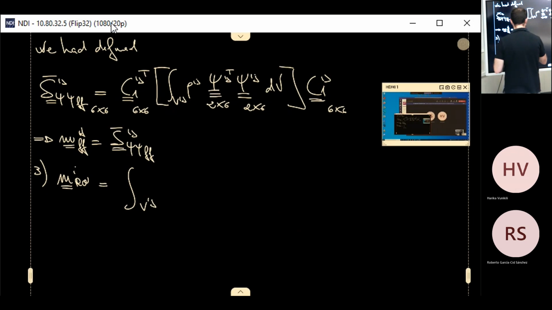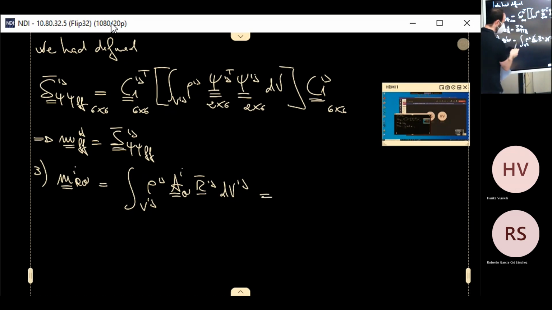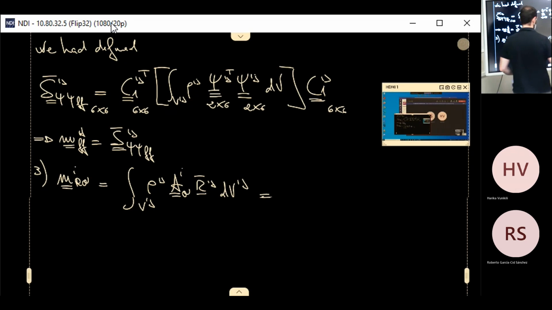This, if you go and check, was rho ij A theta I applied over R over ij, from the mass matrix that we defined. You can put this out of the integral sign because it does not depend on space.